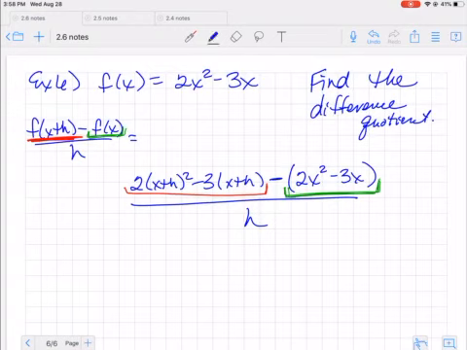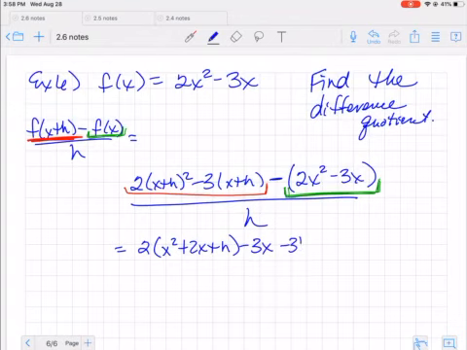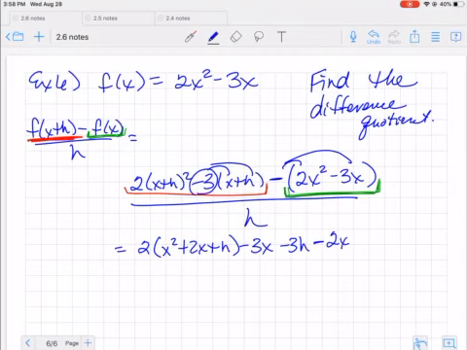Okay, let's do this thing. I have 2 times x plus h squared, same thing that we had before, minus, if I distribute that 3, I get a negative 3x and a negative 3h. If we distribute that other negative, I get a negative 2x squared plus 3x. This is, of course, all over h.